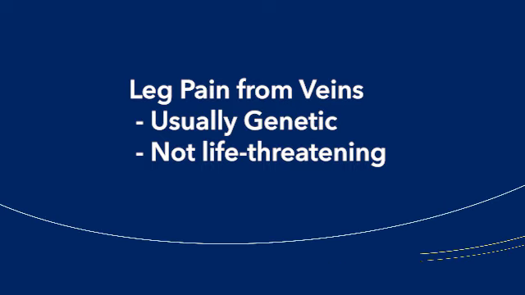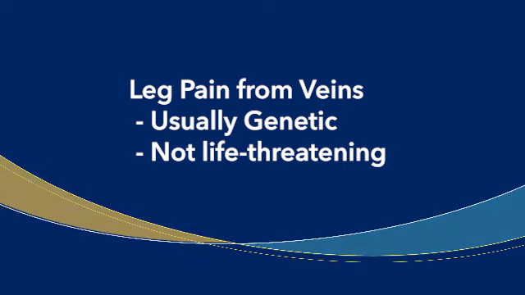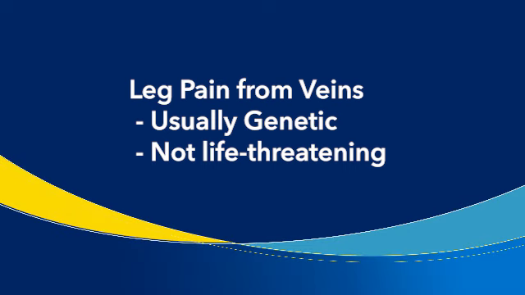Now, one of the more common causes of leg pain that people may experience is that they have issues with their veins. Now, our veins are supposed to make sure that the blood only goes back to our heart, but sometimes those veins don't work properly. And the reason that happens is it's usually genetic. It's not anything that you do, it's not anything that happened, but sometimes your veins just don't work as well as they used to.